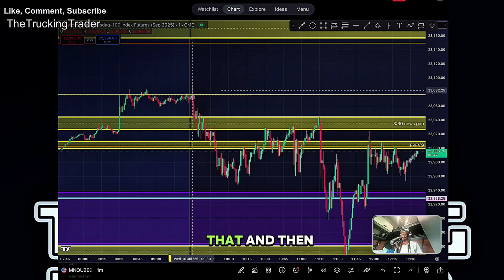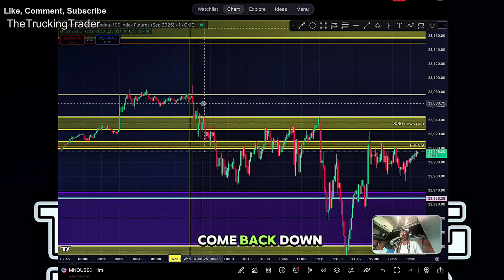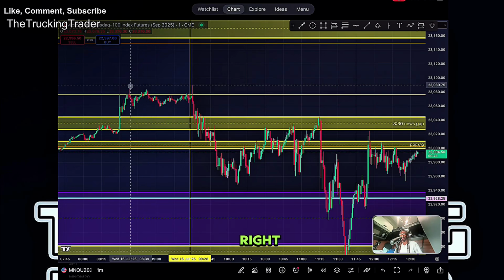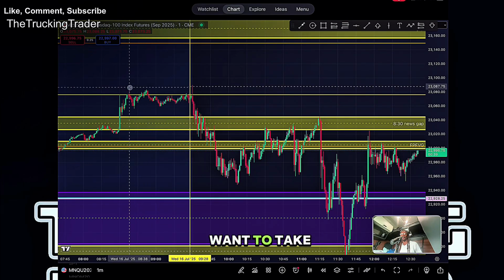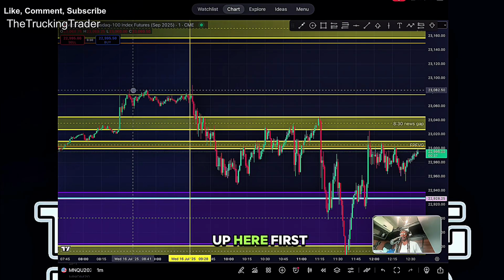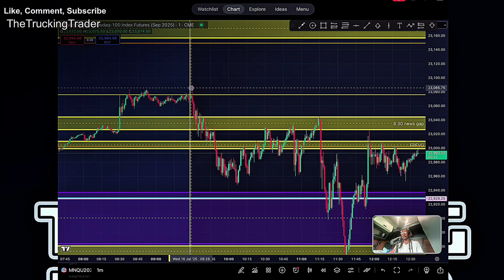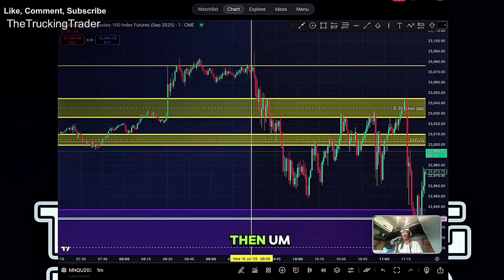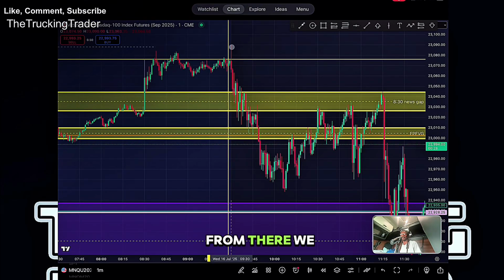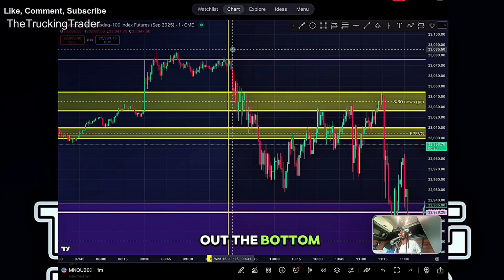We never hit that, and then price started to come back down after sweeping liquidity, right? Because that's another thing that you want to take note of. We swept liquidity up here first. This was pretty much short-term liquidity, and then from there, we know we broke out the bottom, which means what?